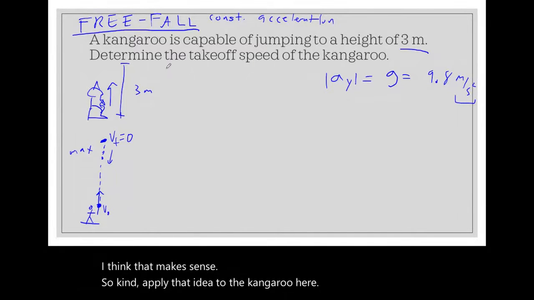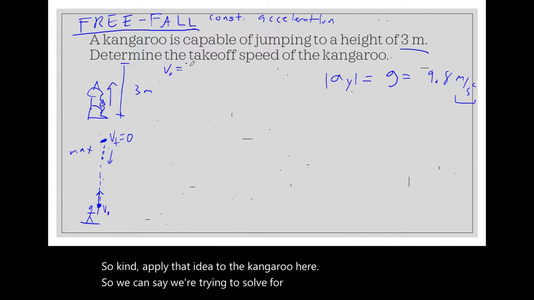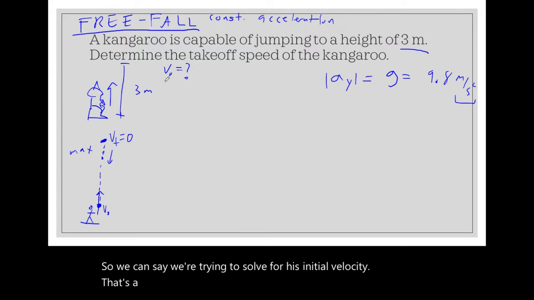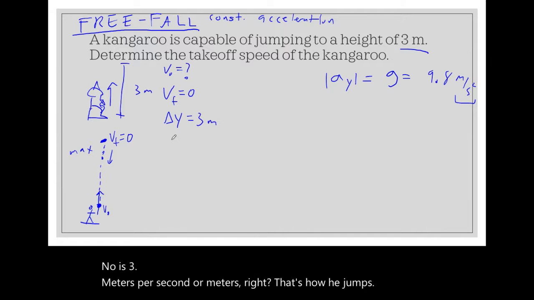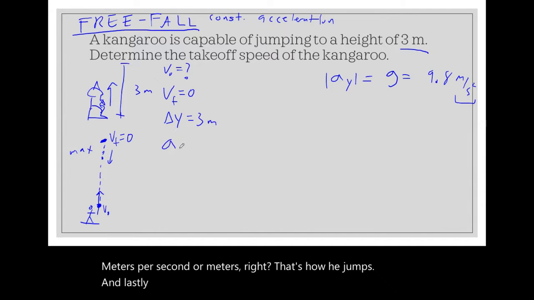So we can say we solve for his initial velocity. That's a question mark. His final velocity is 0. And delta y now is 3 meters, right? That's how high he jumps. And lastly, the acceleration in the y direction is equal to negative 9.8.